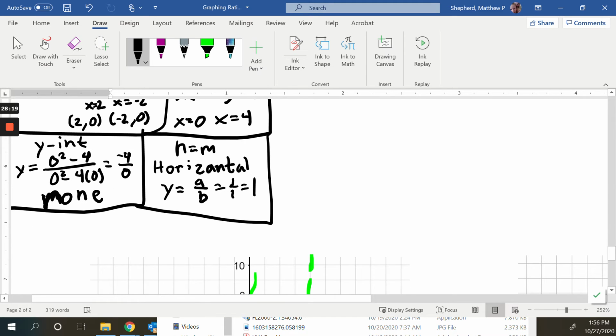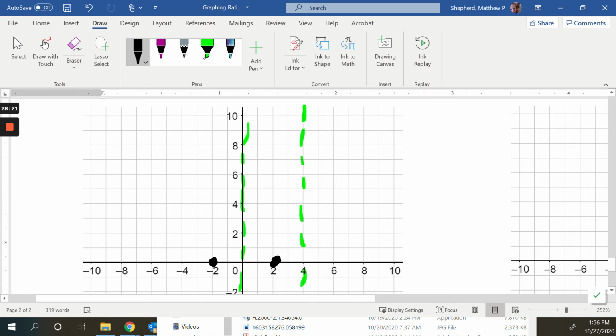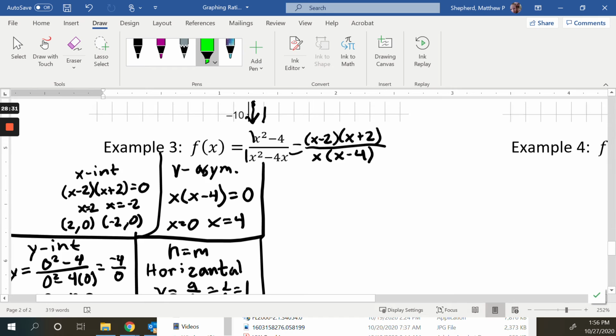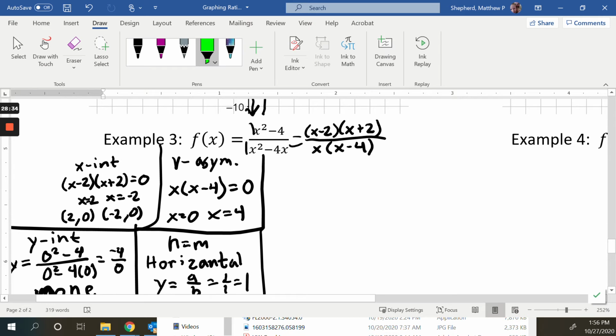So when y equals 1. And that's our horizontal asymptote. So we have our vertical, horizontal. We want to see if there are any holes. The numerator we saw could have zeros at 2 and negative 2, the denominator at 0 and 4. There was no overlap, so there are not going to be any holes.